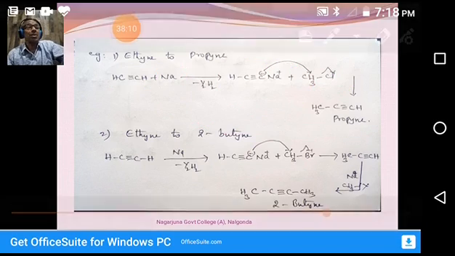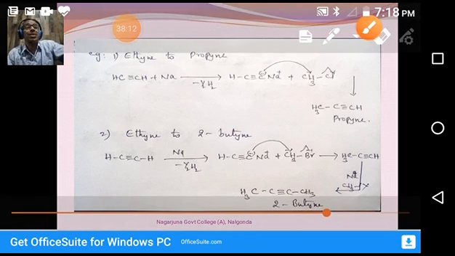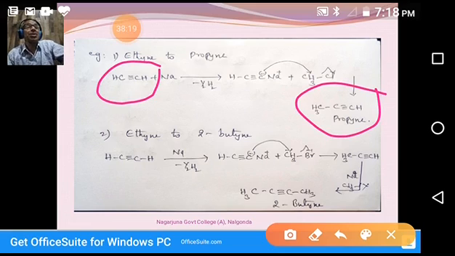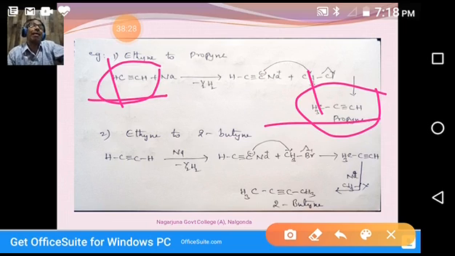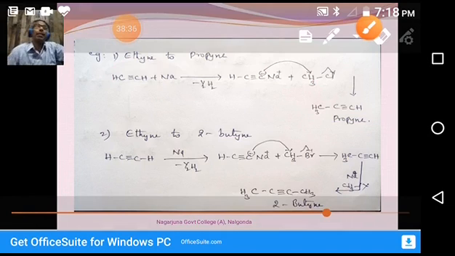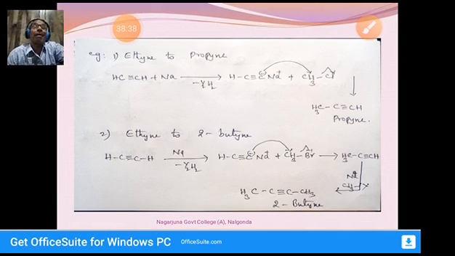So this is the net reaction: this is ethine, this is propyne. What is the change? One of the hydrogens is replaced by a methyl group. So a 2-carbon alkyne is converted into a 3-carbon alkyne, that means a higher alkyne. This is one way to prepare higher alkynes from smaller alkynes.